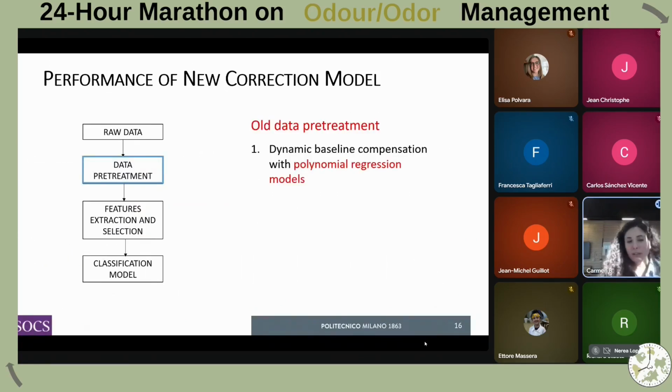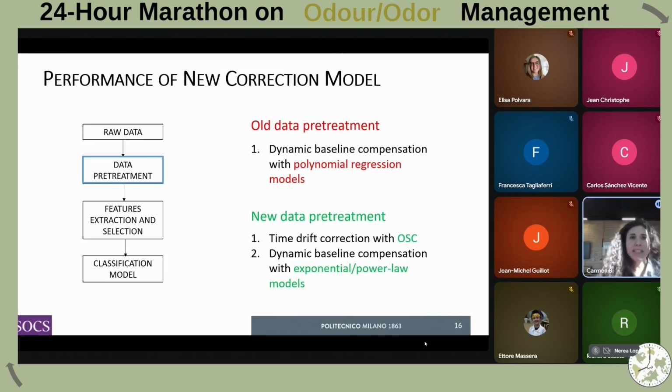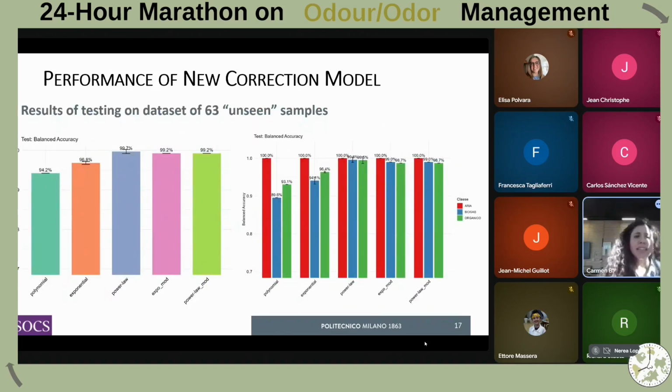Focusing on this step of the data pretreatment, which is the topic of this talk, we compare the old data pretreatment approach, which was based on the dynamic baseline compensation with a polynomial regression model, with the new approach proposed, which combines the orthogonal signal correction for correcting drift plus a dynamic baseline compensation based in this case on exponential and power law models.